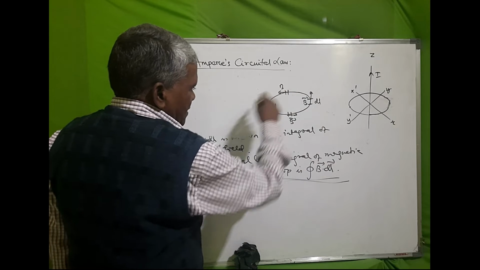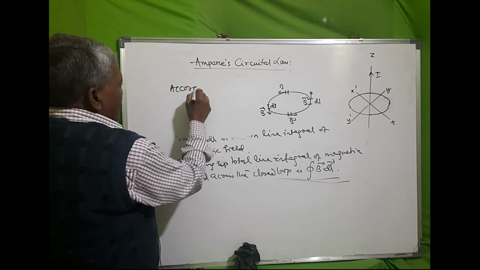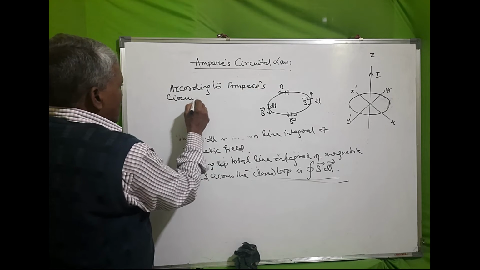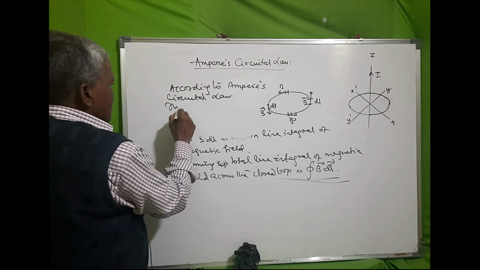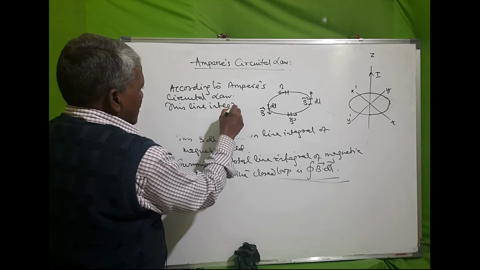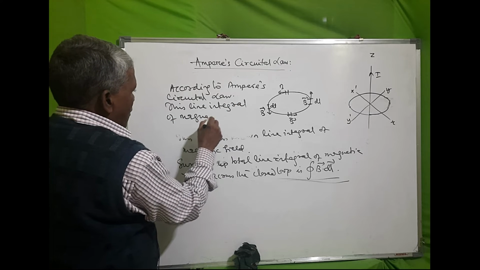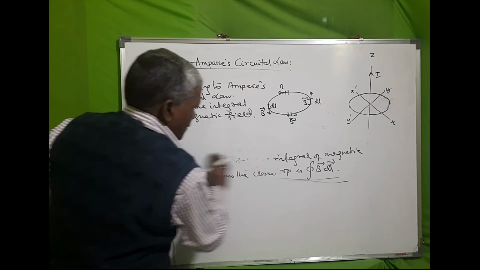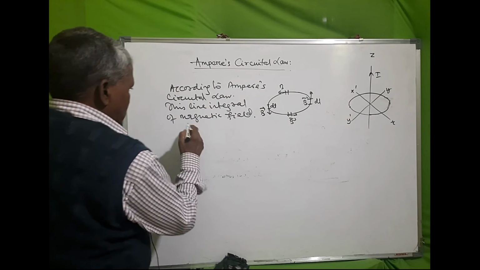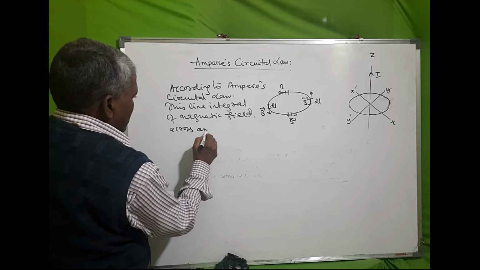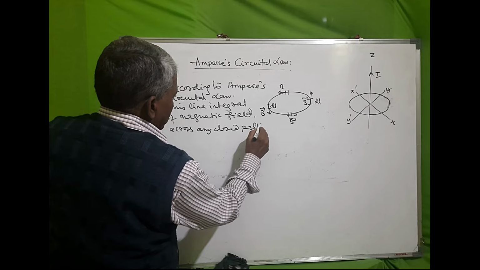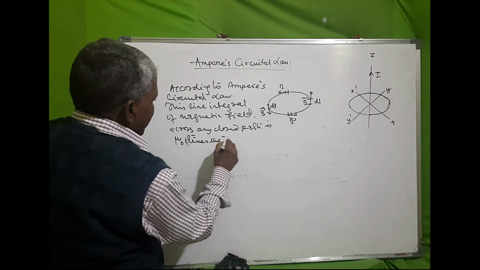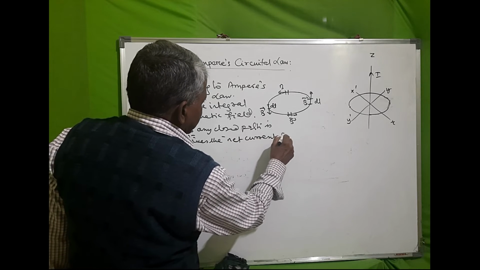This closed loop means it covers, and according to Ampere's Circuital Law, this line integral of the magnetic field across any closed loop or closed path is mu 0 times the net current passing through it.